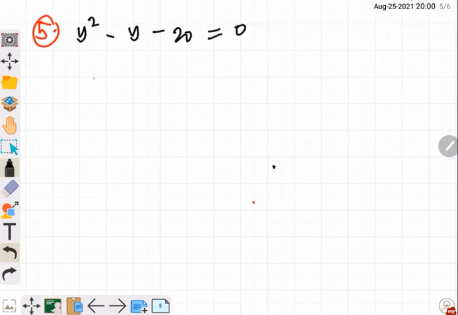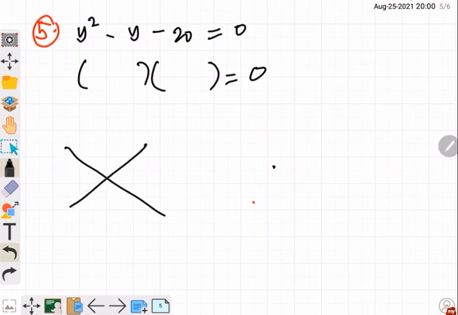Again, this is a general quadratic trinomial, so you can factor it this way. On top are the factors of y squared, below are the factors of negative 20.